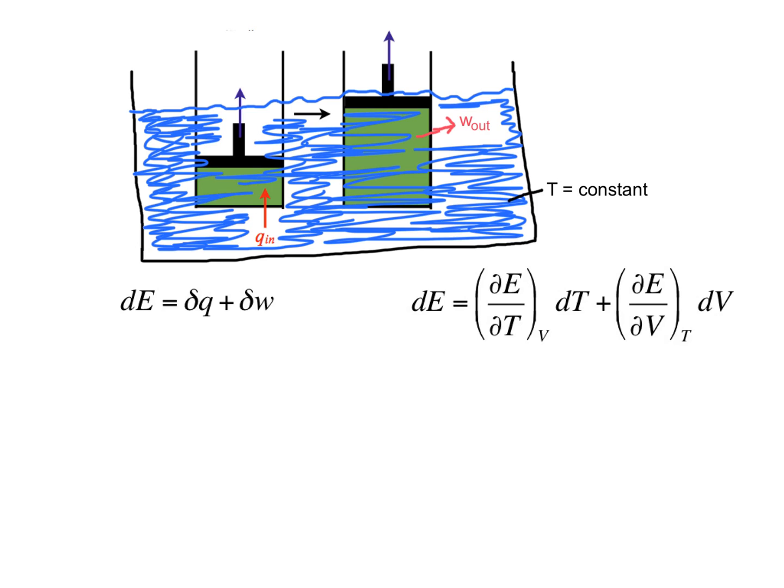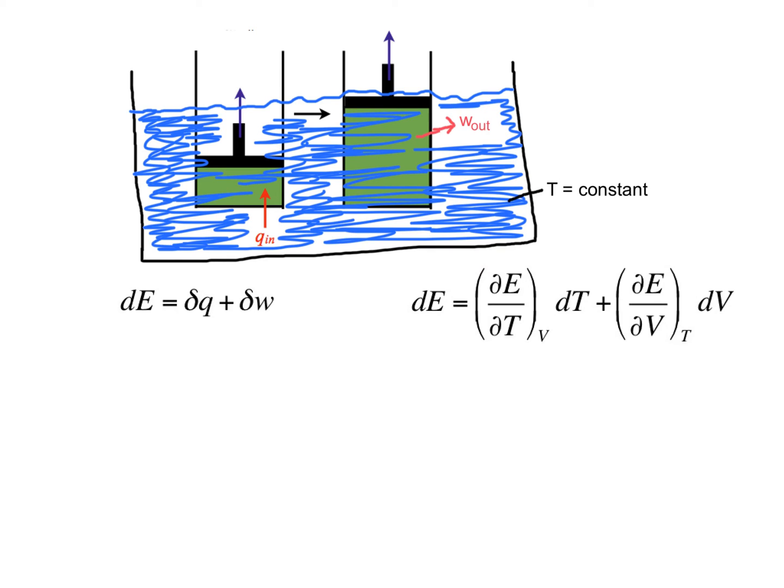If I have a real gas, I still have the first law, which tells me that the change in energy of the system is equal to the amount of heat input from the reservoir plus the amount of energy transferred out of the system as work. In addition, the expression for the incremental change in the energy with respect to the partial derivatives is still a very general expression.